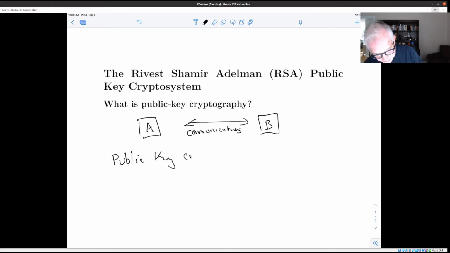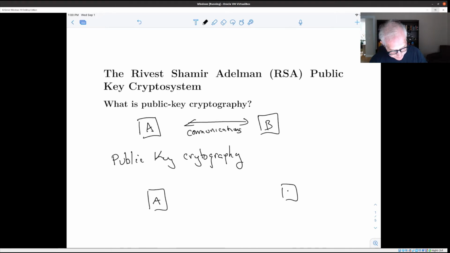What public key cryptography does is make that possible by separating the problem of encryption and decryption. Let's suppose that A and B want to talk to each other, and I want to send a message from A to B. Let's suppose that I have a special box which I can open, and I can put my message in.